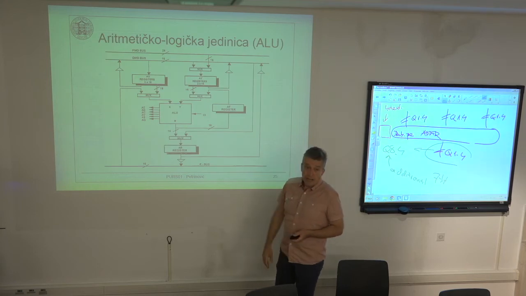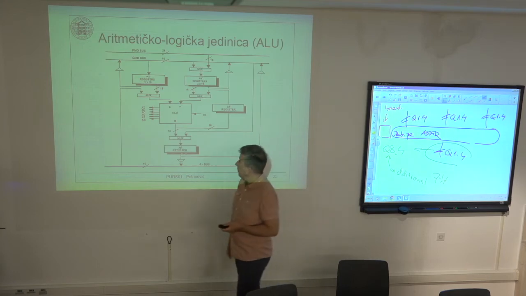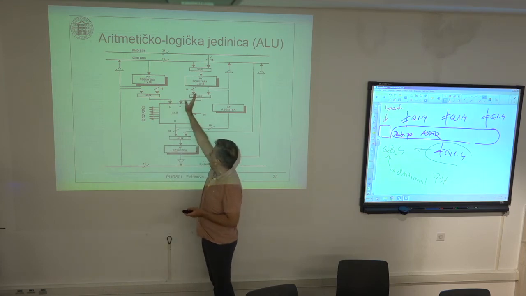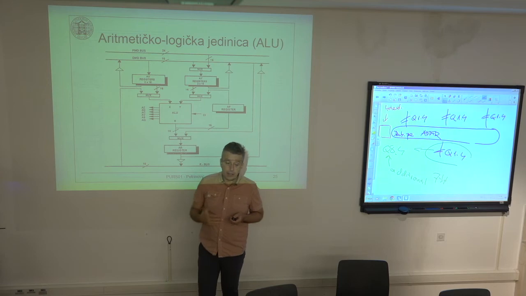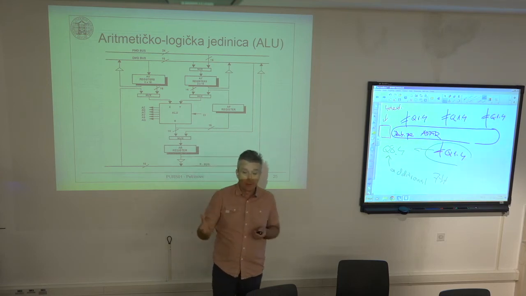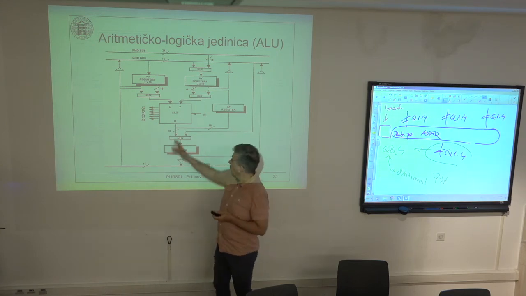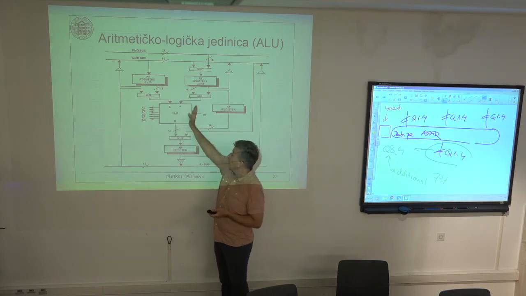ALU. So this architecture of the arithmetic logic unit, it has X branch, Y branch. So mostly ALU instructions are binary instructions. You have these 2 values, X and Y value, and compute, for example, add X and Y, or compute logical AND operation, or logical OR operation, whatever.